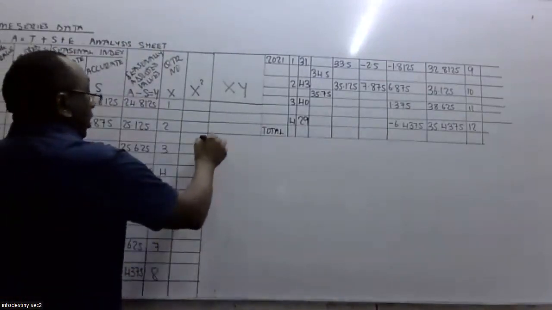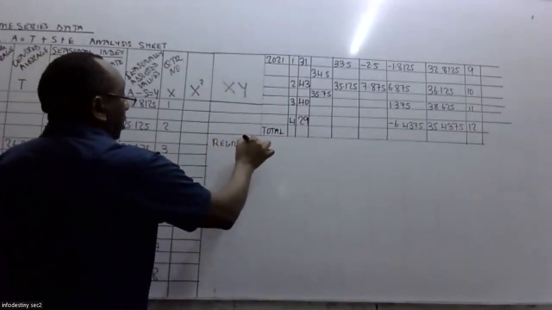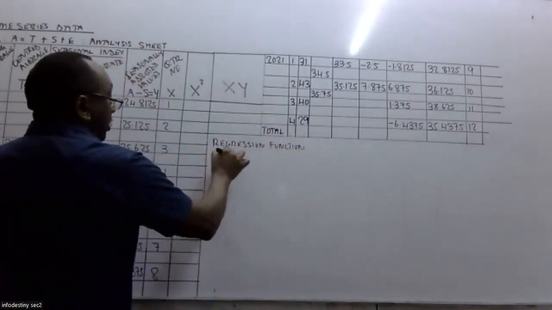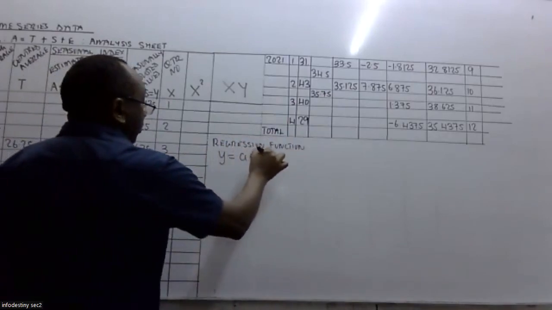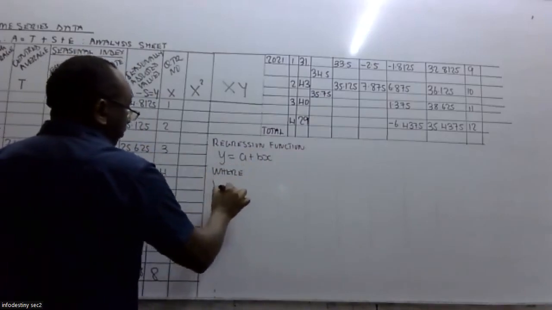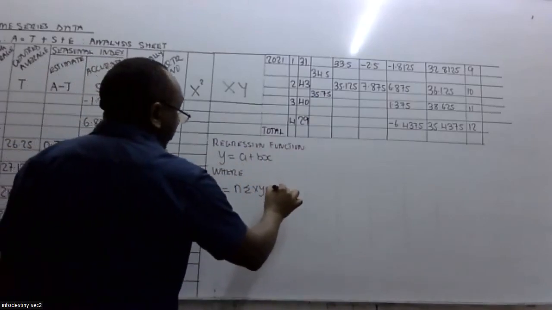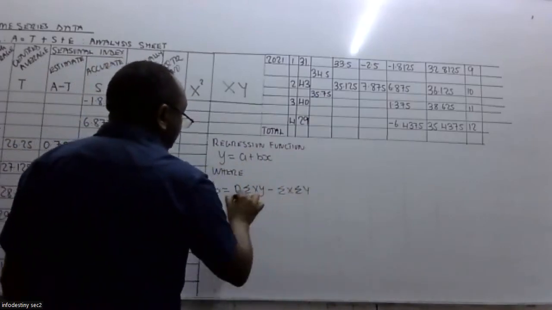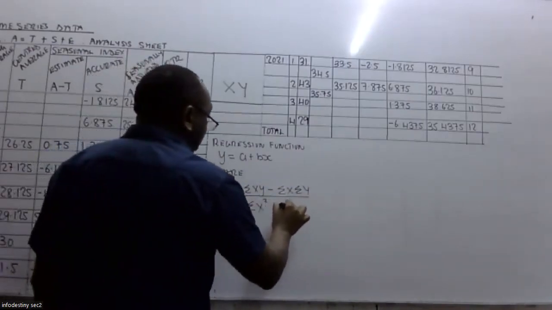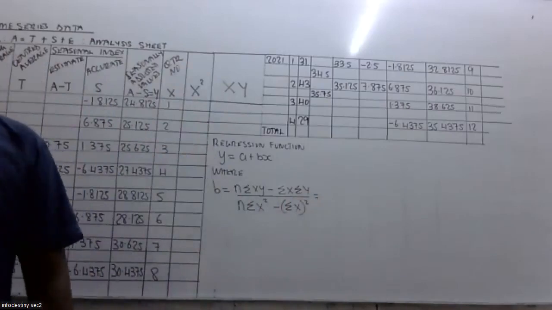Down there, you say regression function: y equals a plus bx, where b equals n sum of xy minus sum of x sum of y, divided by n sum of x squared minus sum of x squared. So write your formula down there.